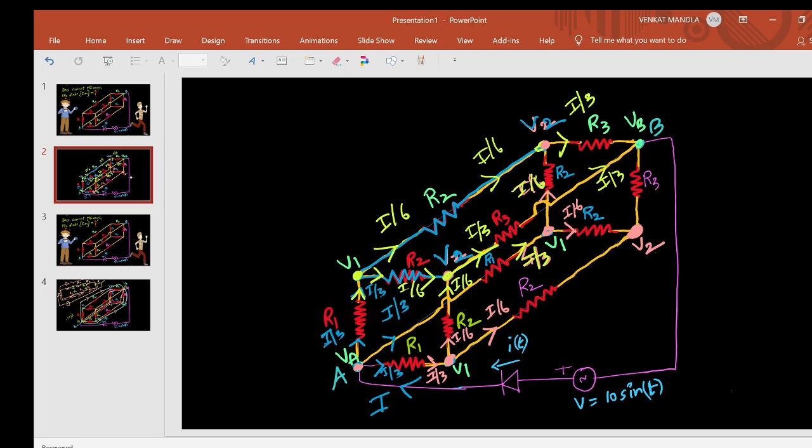Now here I by 6, here also I by 6. These two add, you get I by 3 here. At this point I by 3, I by 3, I by 3 add, and you will get I. The same current came. This is how we have to distribute.